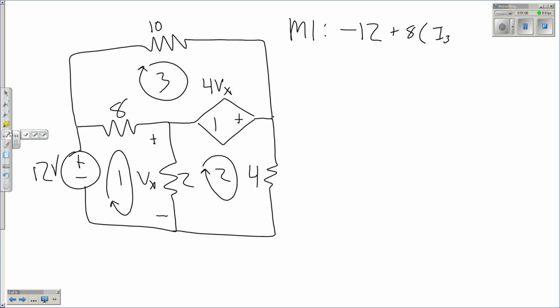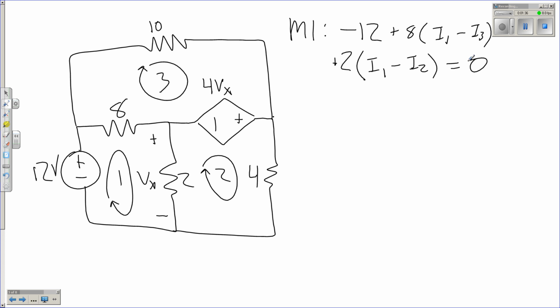Not I3 minus I1, but I1 minus I3. And then we have Vx, which in this case is 2 times (I1 minus I2). And this is all equal to 0.